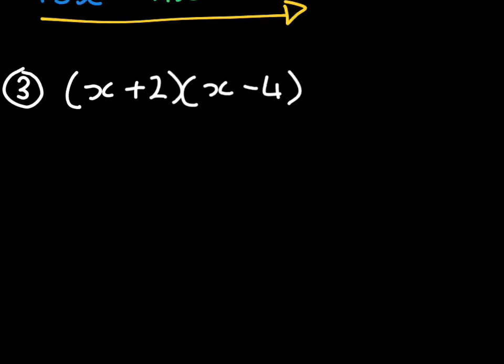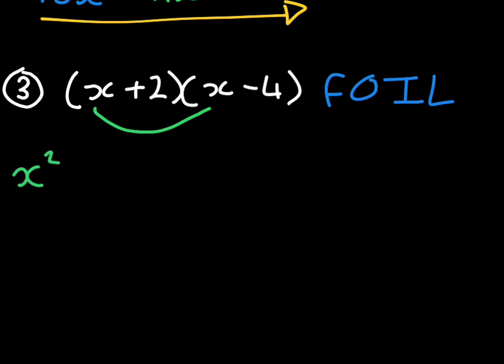For question 3, we're now multiplying two binomials by each other. So we're going to have to remember our FOIL method. Now remember, FOIL is F-O-I-L, and F stands for first, so we're going to multiply the first two terms by each other. So x times x gives us x squared.